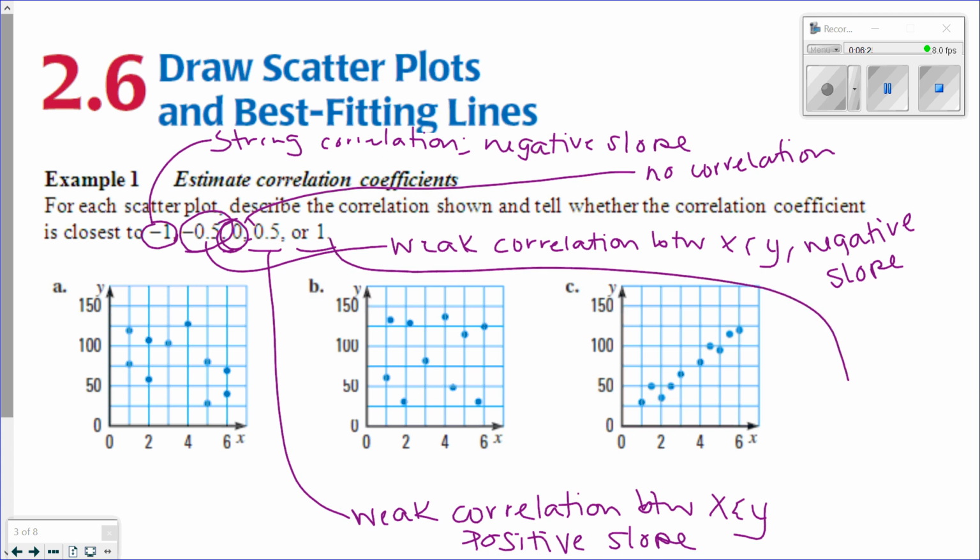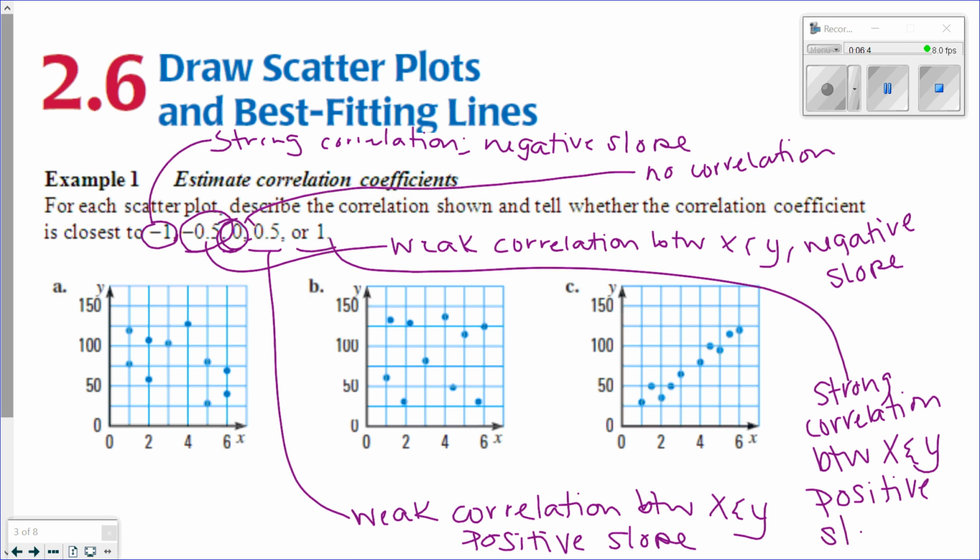And 1 is a strong correlation between x and y, and it's a positive slope. The slope I'm talking about is the slope of the best fit line.